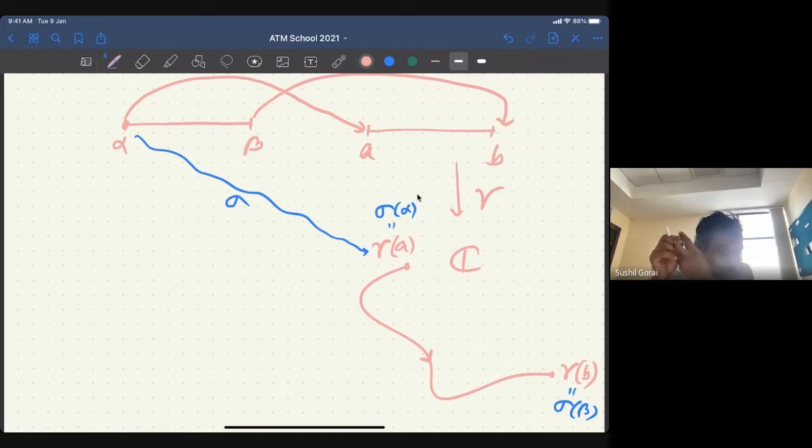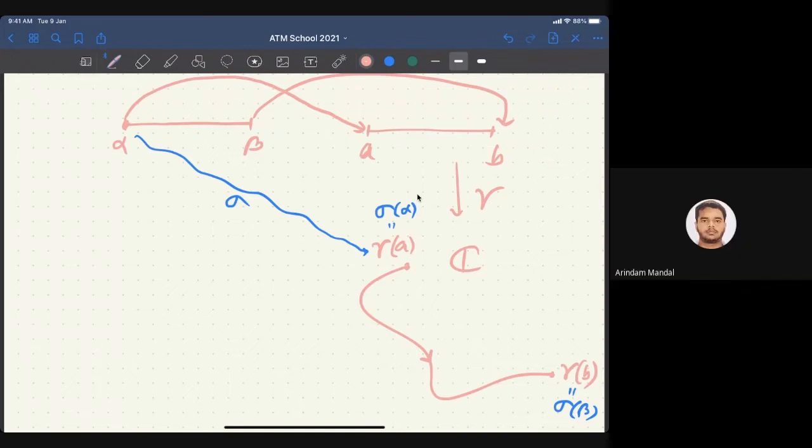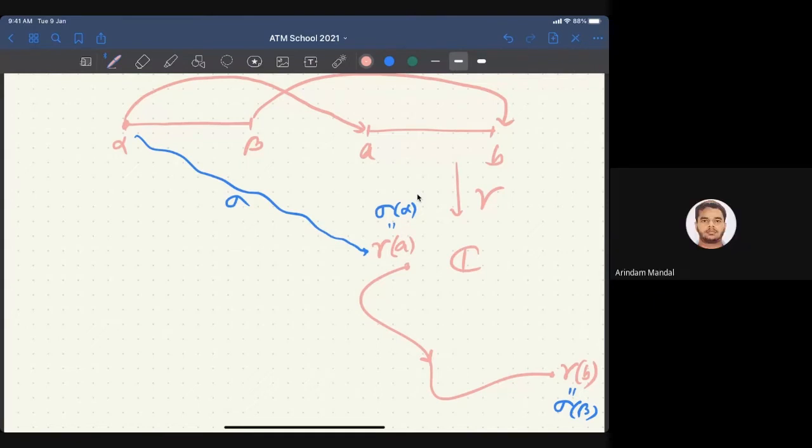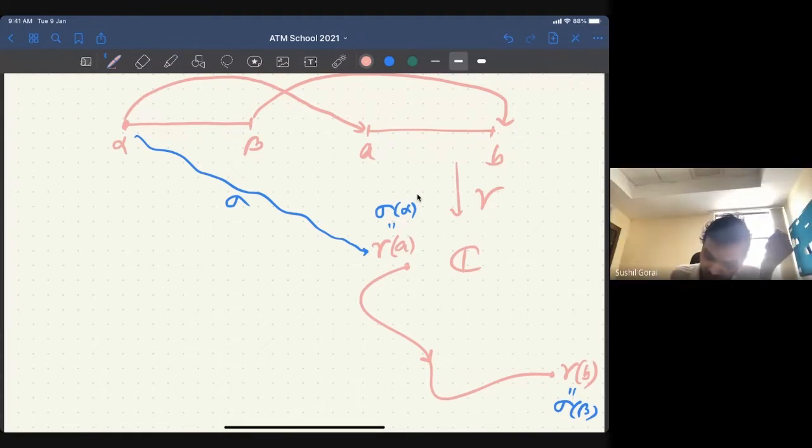And what if it's not strictly increasing? It may be that some portion is constant. Then we can have the same functional value for two distinct points. But this is fine. Let's suppose this one goes to a constant value here.